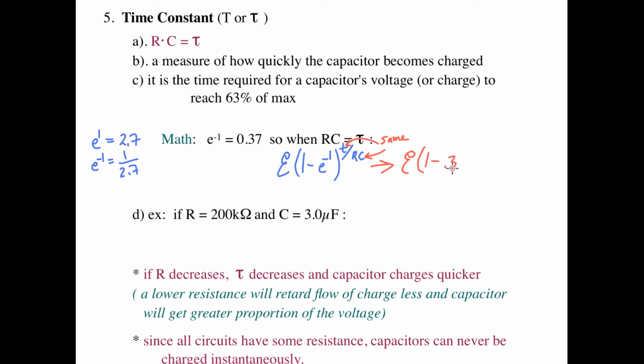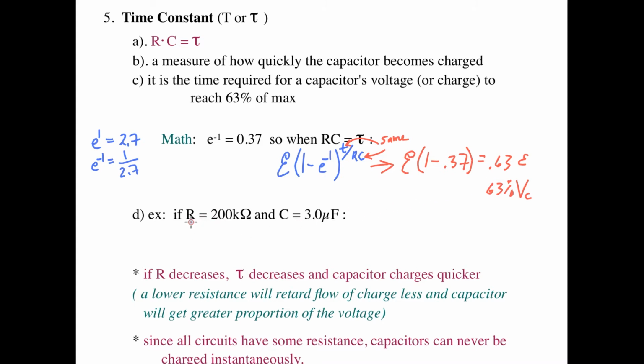So we get 1 minus 0.37, which is 0.63 times the EMF. Basically we have 63% of our voltage. The capacitor will be 63% charged, which is 63% of the voltage of the battery.